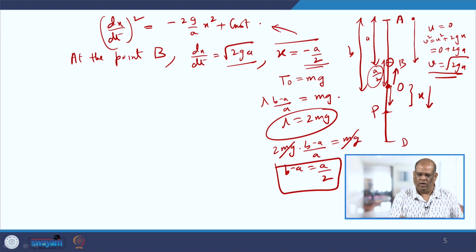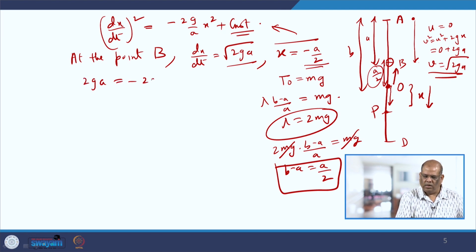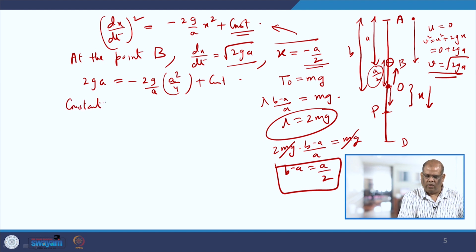You substitute it here and you calculate the value of the constant. If I substitute it here and calculate the value of the constant, I will get 2ga equal to minus g by a, x square is a square by 4, plus the constant. So, the constant value is equal to 2ga plus 2g by a into a square by 4.